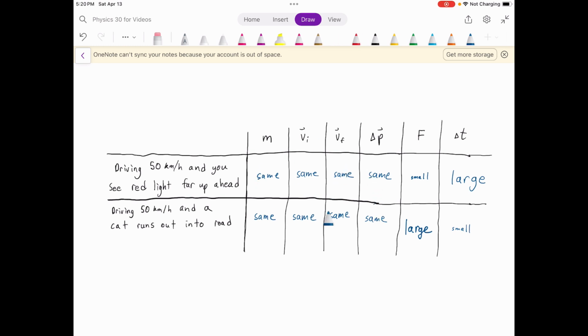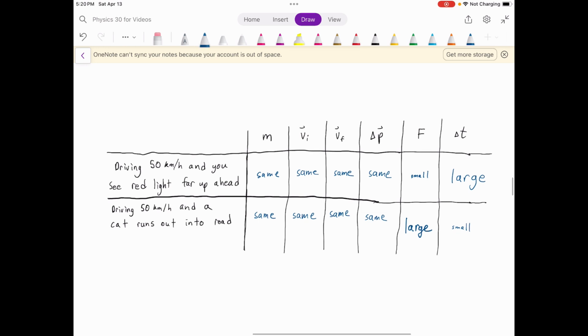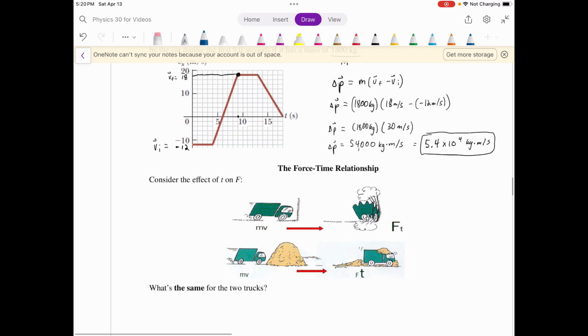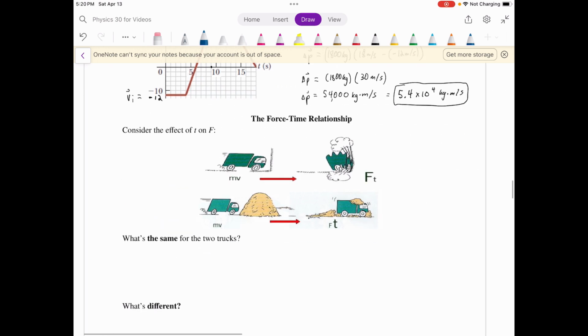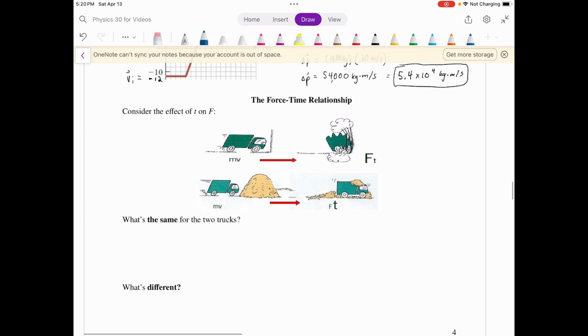All the things that go into calculating the change in momentum are the same. But this one was caused with a very small force, just applied for a longer amount of time. This one had to be a much shorter time to achieve the impulse, and so the force had to be much larger to cause that impulse more quickly. And that is the key relationship between force, time, and impulse. So looking at this truck here, it's a very similar idea, right?